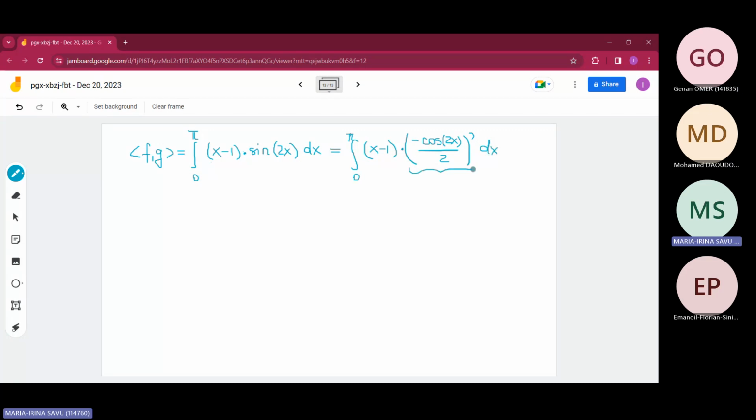So this is x minus 1 times minus cosine of 2x over 2 from 0 to pi, minus the integral from 0 to pi of the derivative of x minus 1 times minus cosine of 2x over 2.